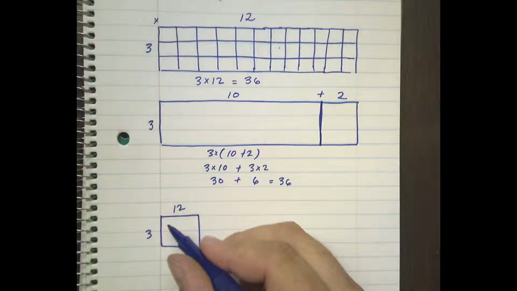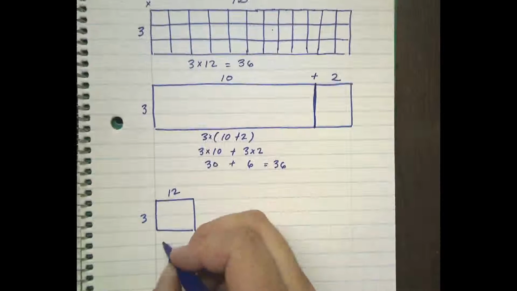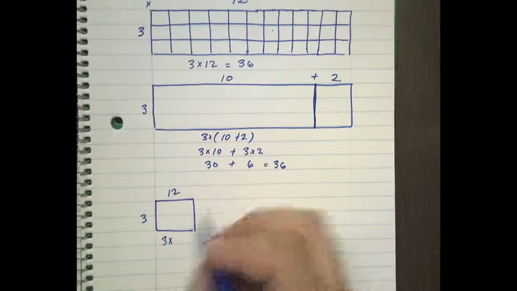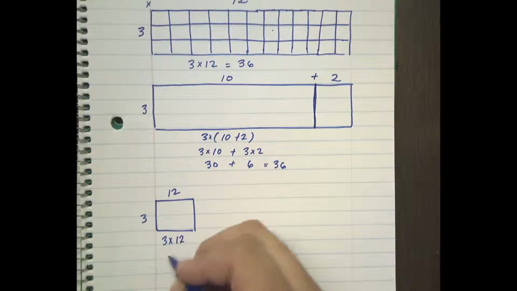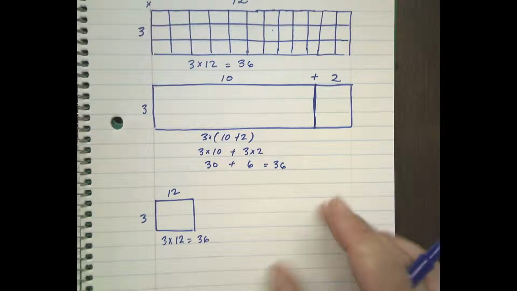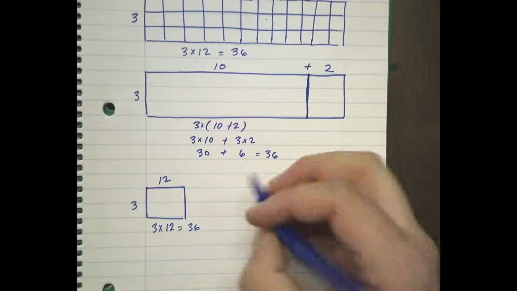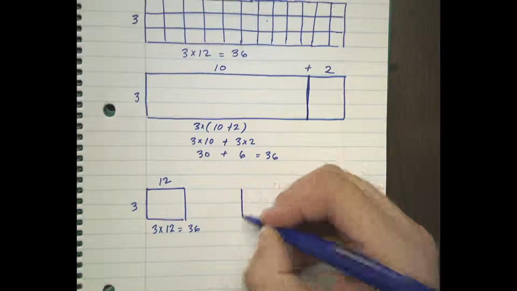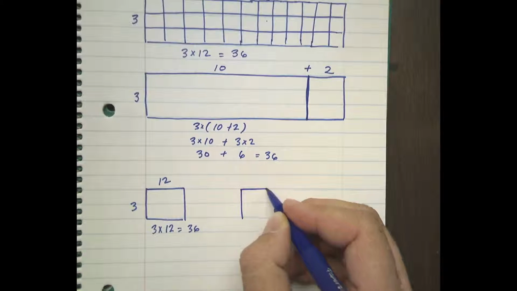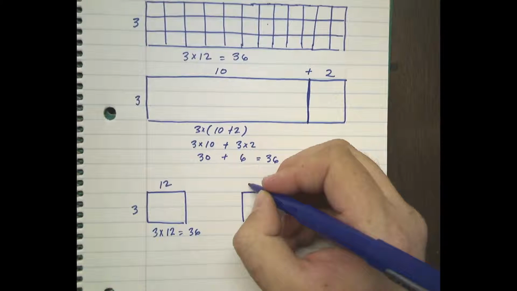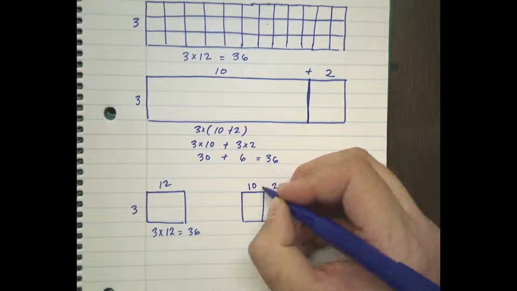And I can figure that out on my own. I can say, well, that's 3 times 12, and 3 times 12 equals 36. And then I'll try that with breaking that 12 apart into 2 boxes here of equal size. I can just give this one a value of 10 and this one 2.